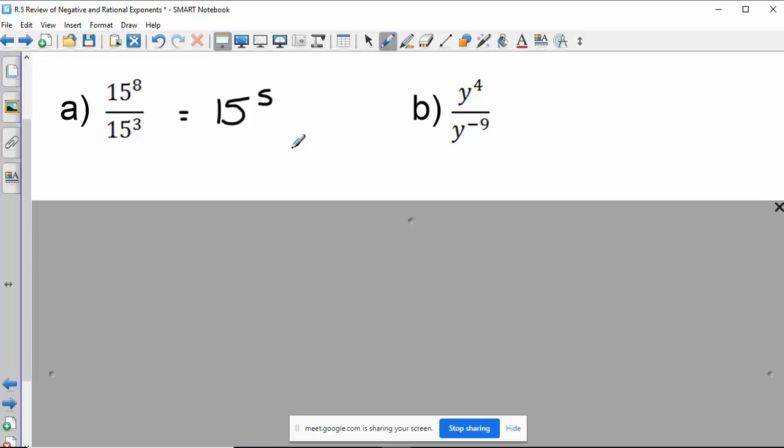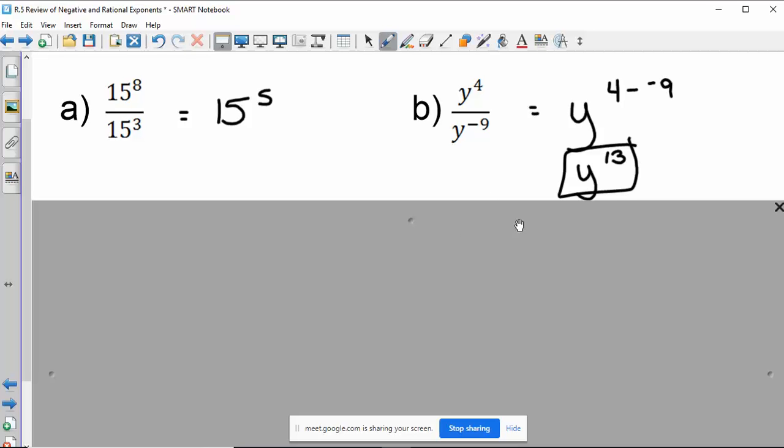Since it's divide, you subtract? Yeah. We could just subtract those exponents. Does it matter that one's positive and one's negative? No. We're dividing, so you could just subtract, just like we did on part A. When you do that, you're doing 4 minus -9. So we actually get y to the 13th power when we subtract those.